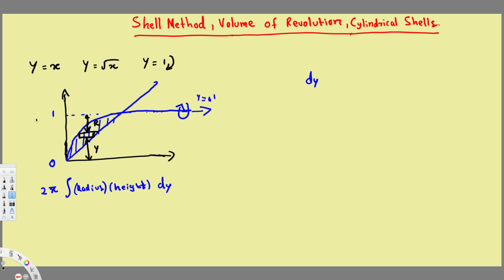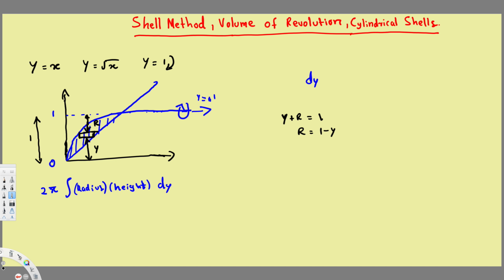And we also know that the total distance is 1, so y plus r is equal to 1. So r is equal to 1 minus y. This is a good expression because we want everything in terms of y, so we don't have to worry about it.